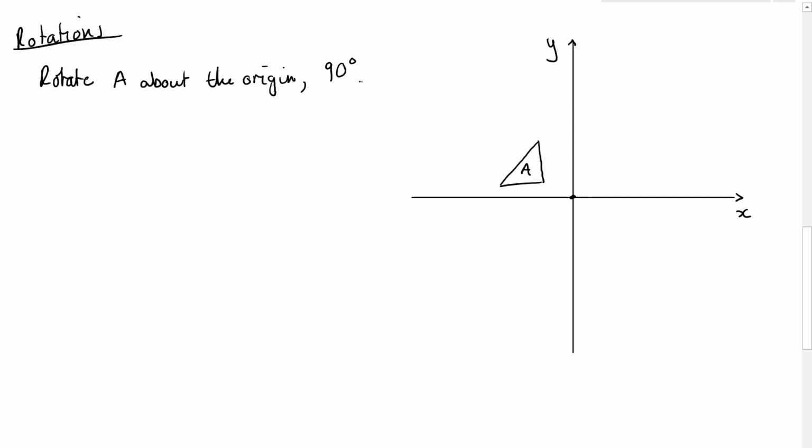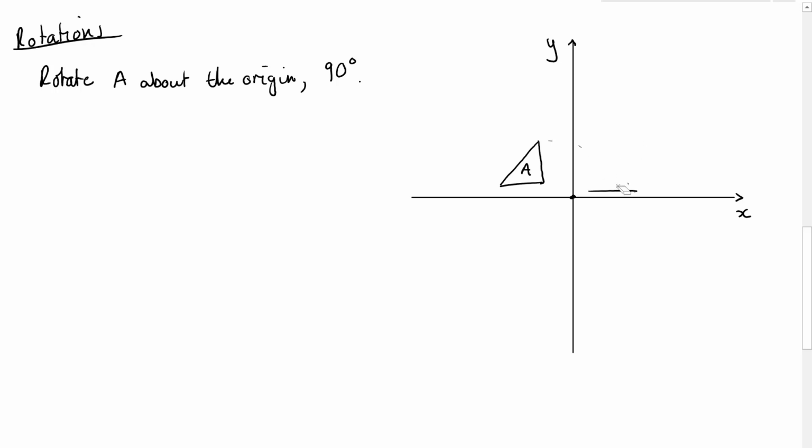Again, if you have tracing paper, it would be ideal to put the tracing paper over the top, sketch out the shape A, place the dot where the origin is, and keep that dot stationary and rotate the paper 90 degrees. What you'll find is that when you move this around, it's going to come down here, this is going to go like this, and this is going to end up looking like this.